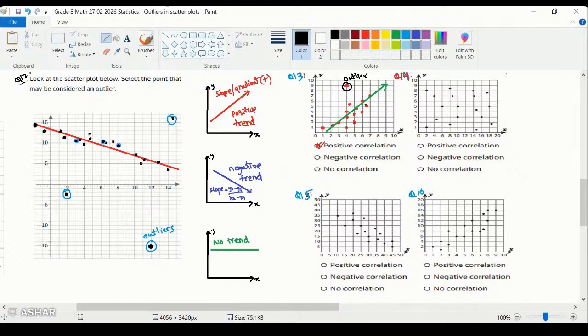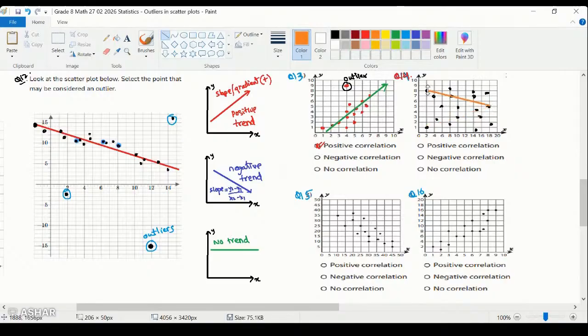In question number 14, the points are scattered throughout the scatter diagram. Can we draw a line which will pass through the maximum number of points? Let's try doing that. If I say this is a line drawn, it is not passing through the maximum number of points, it's just passing through 3 points, right? If I make a line like this, it's still passing through 3 or 4 points.